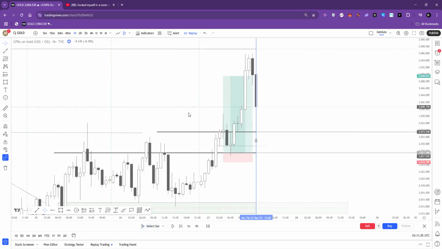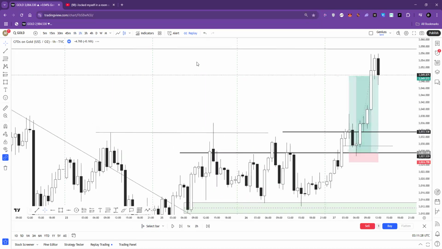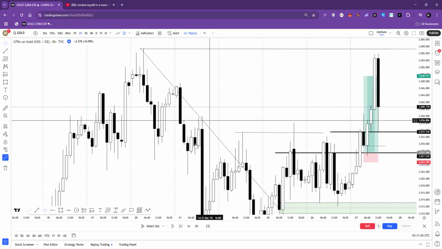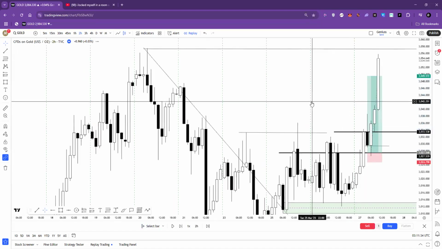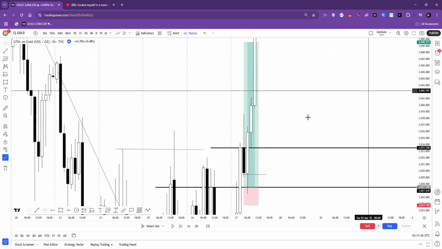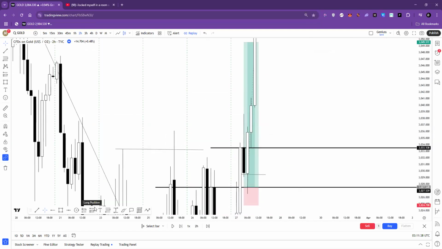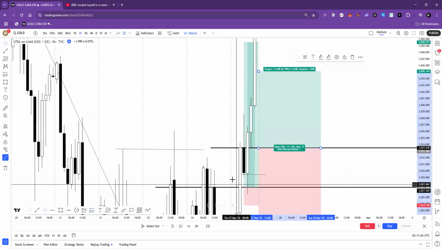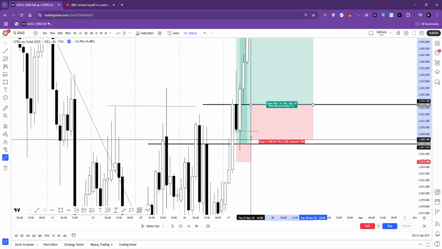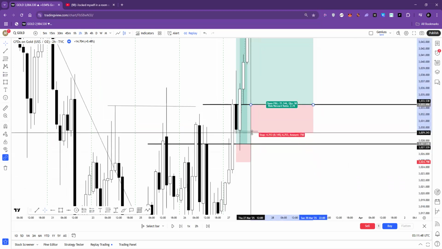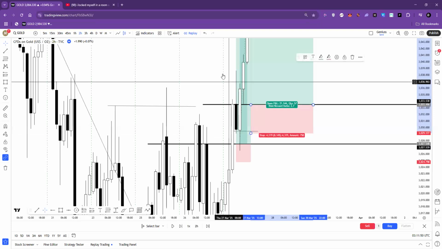So I instantly went to the 2 hour time frame and set my second order there. I knew that there was free money to be made. So I put my entry here, and my stop loss was around here, something like this.